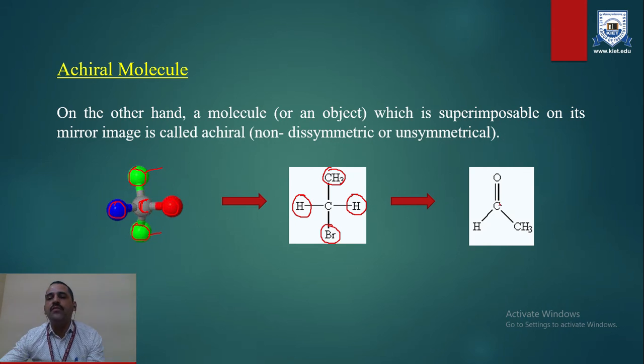Of the carbon's 4 valencies, the first is substituted with hydrogen, the second with a methyl group, and the third and fourth are part of oxygen, meaning the carbon is substituted with two oxygens, one hydrogen and a methyl group. So as per the rule of achirality, the two substituents are similar, and that's why the molecule is part of the achiral molecules.